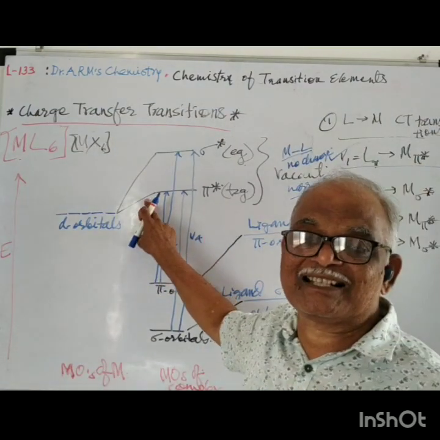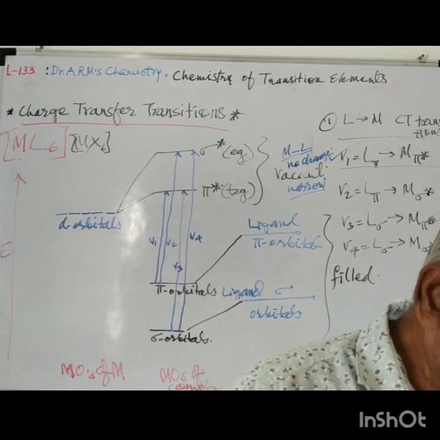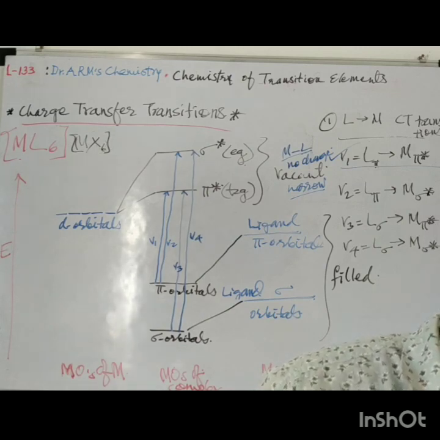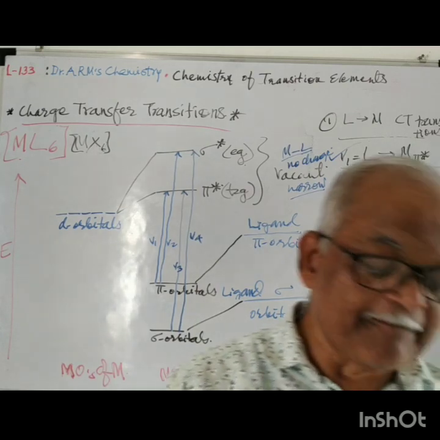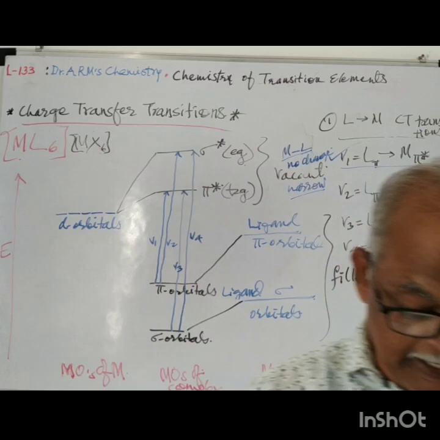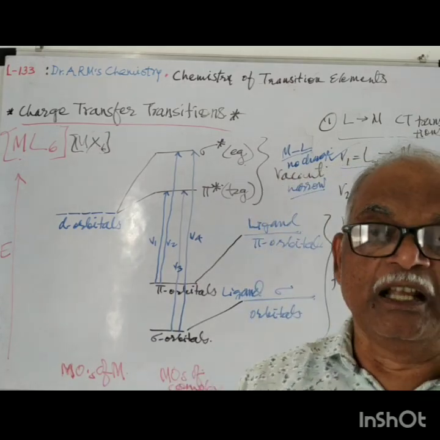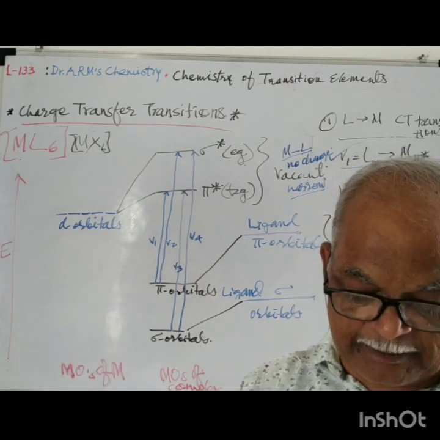V1 type of bands are missing in case of complexes of Ru, that is ruthenium, or we can have the platinum complexes which are 5d6 configuration. So we will see it later on when the observations made from experiments are shown in the table.